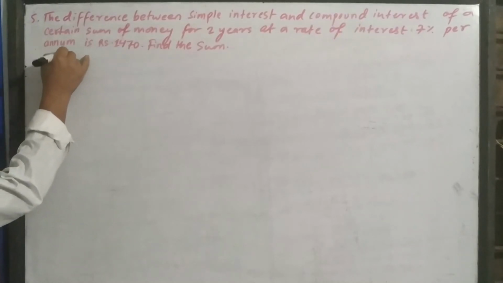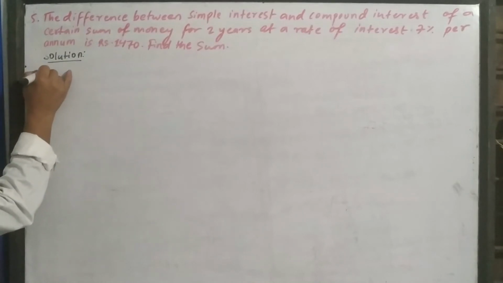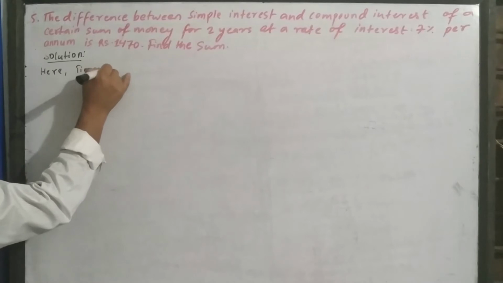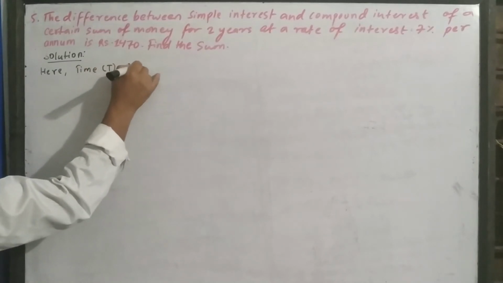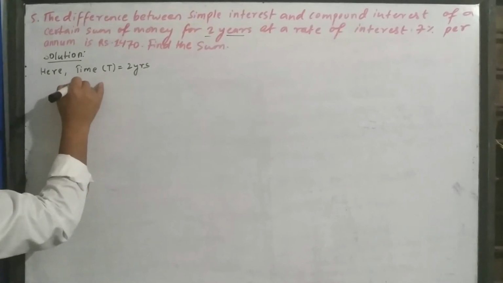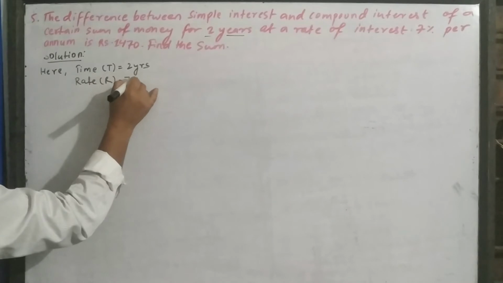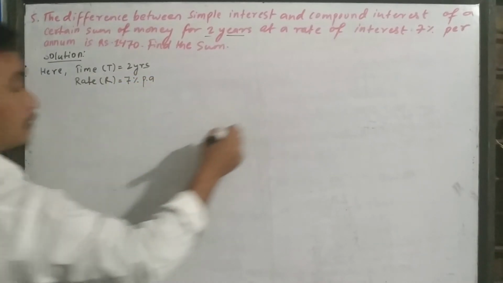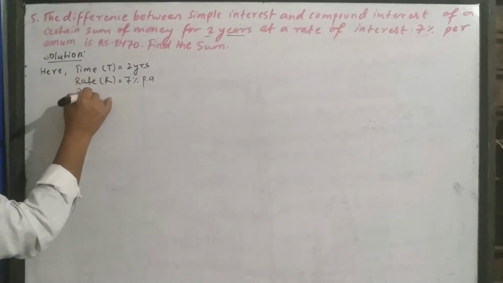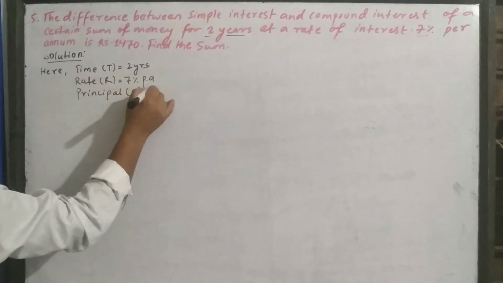Solution. Here in the question, time t is equal to 2 years, rate r is equal to 7% per annum, principal p is equal to what?